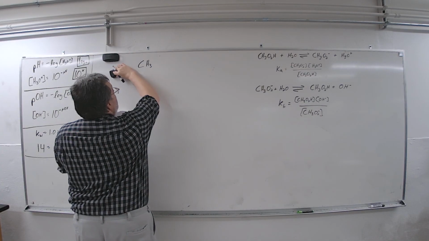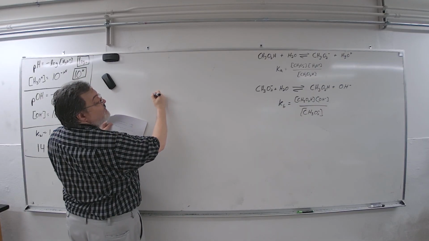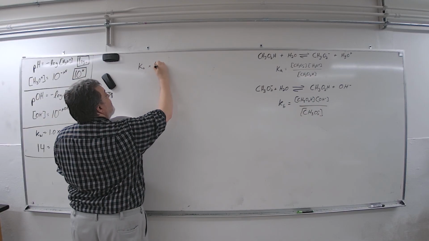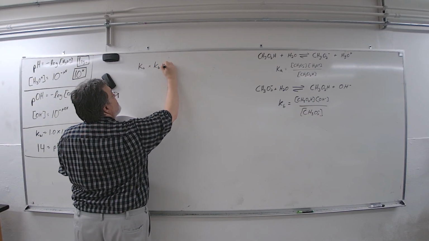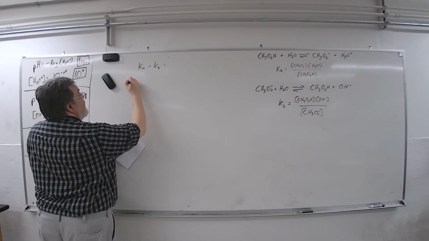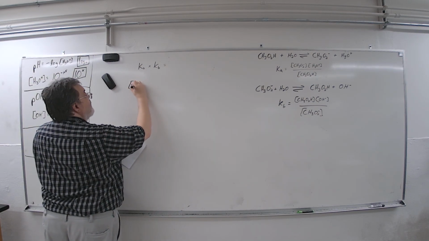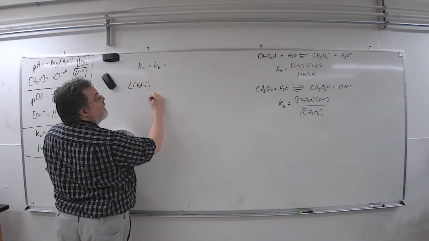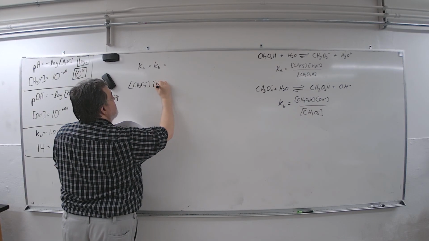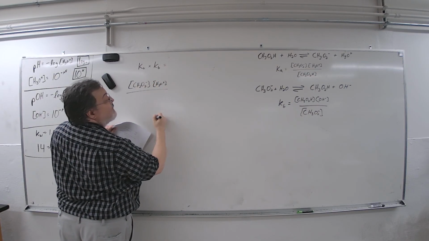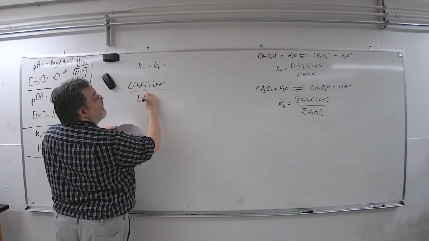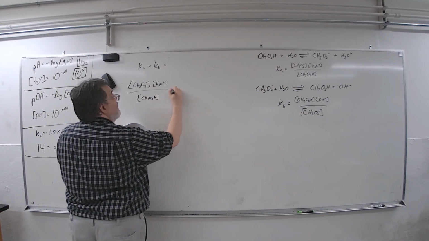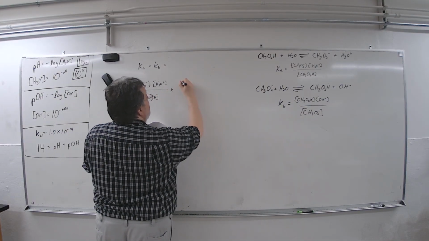All right. I'll just say if you have Ka for acetic acid times Kb for acetic acid, I'm going to write in the Ka, H3O plus, times, and now Kb.